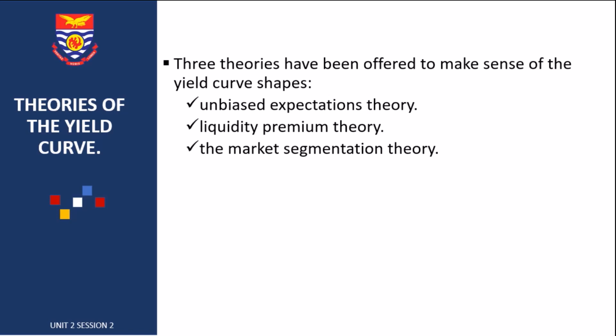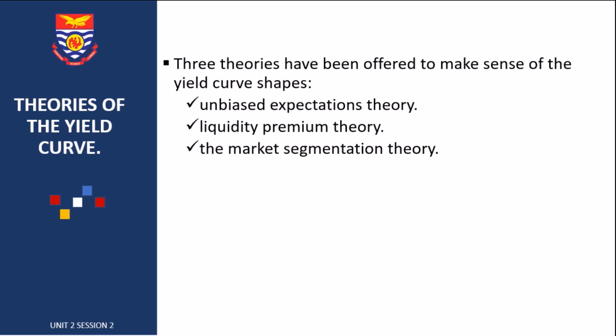So you can't compare the interest of a short-term security to a long-term security. That is why the interest rate values for long-term securities differ from those of short-term securities. So the liquidity premium theory also assumes that the amount of the liquidity premium increases with the maturity of the security.